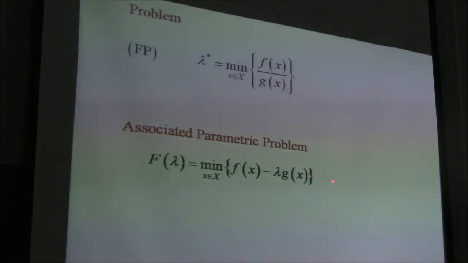So it's a nicer problem because you don't have a ratio function. The problem is easier to solve. And the idea is to find a way to specify different values of lambda in order to get a solution which is the solution for the original problem. This is the trick of the procedure.